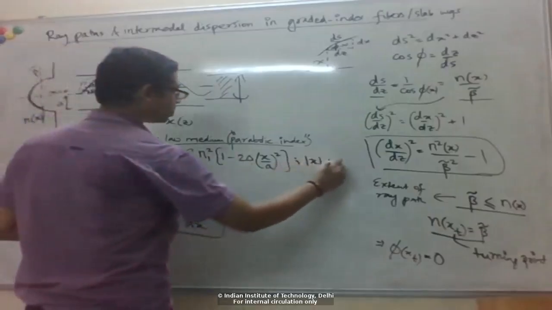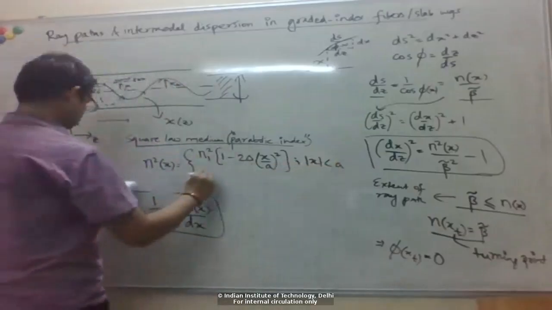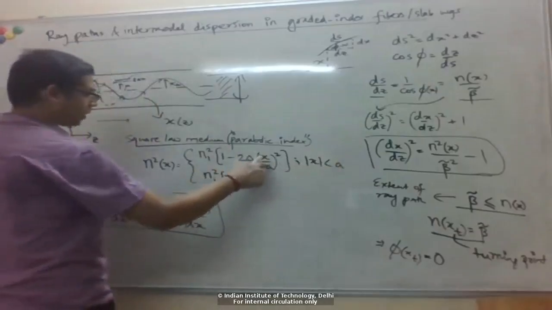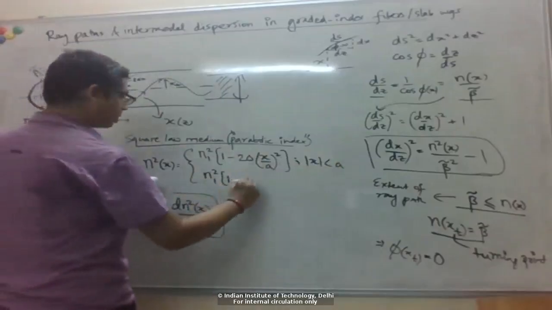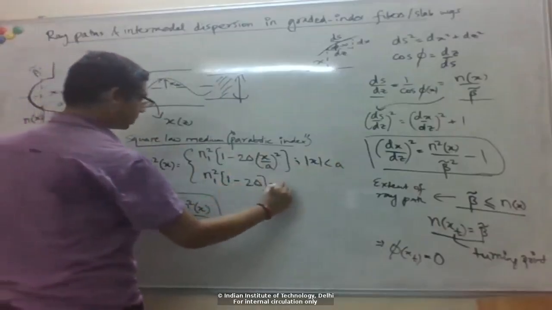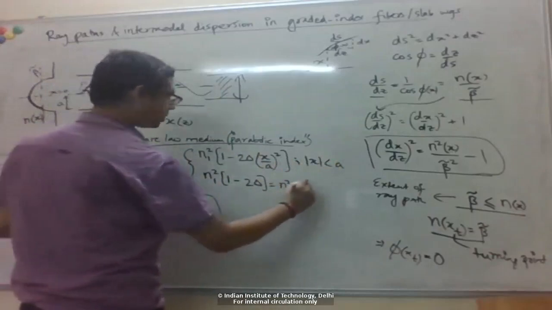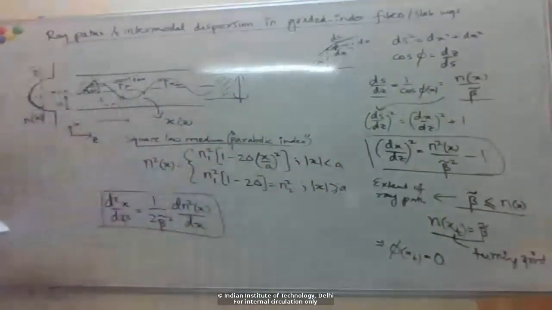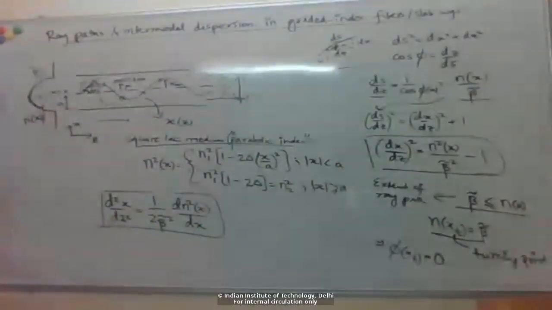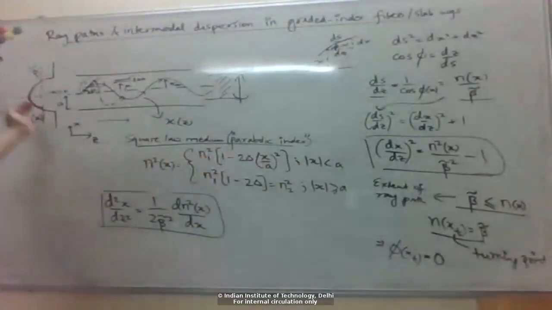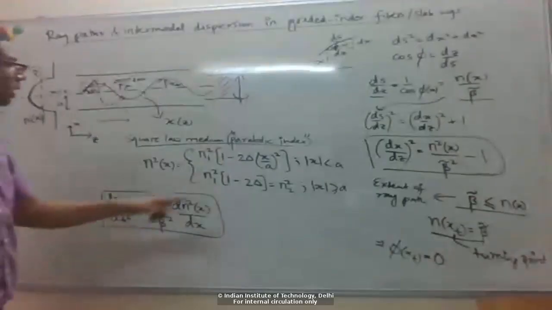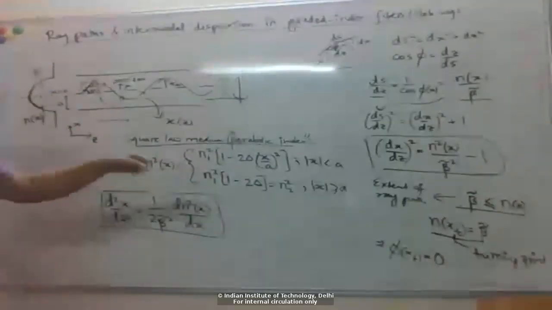So beyond x equal to a, it becomes constant, which we call n2 square here. Inside the core it varies quadratically, like a parabola, and then in the cladding it's constant.